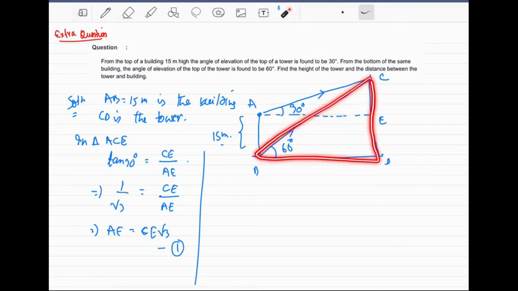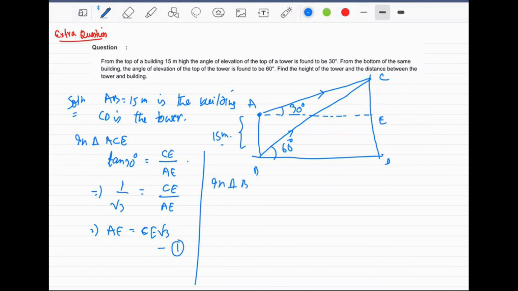This bigger triangle right here, CBD, or you can say BCD. So move on to the bigger one, in triangle BCD. Tan 60 degree equals opposite by adjacent. Opposite will be CD, adjacent will be BD.